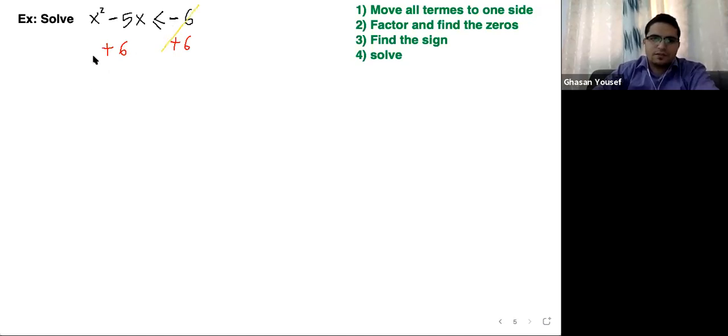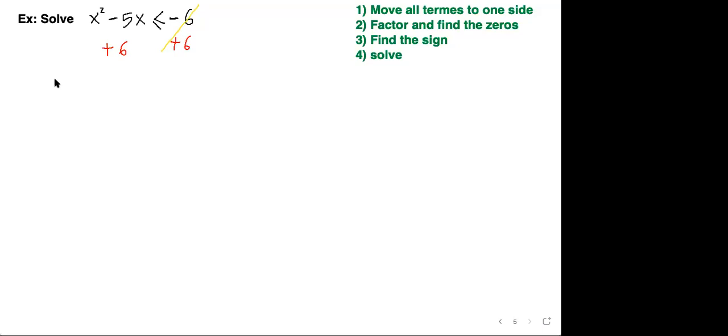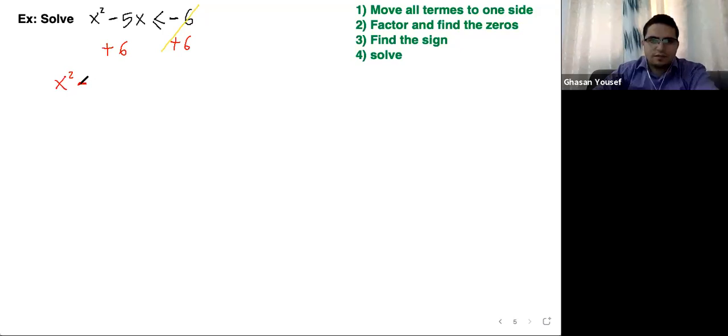Now, what's my equation? x squared minus 5x plus 6 less than or equal to 0.